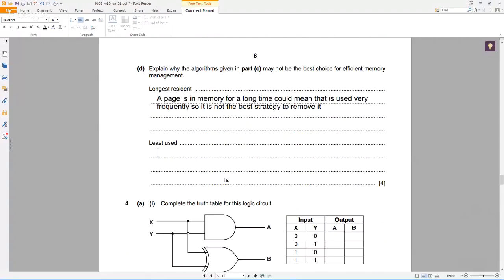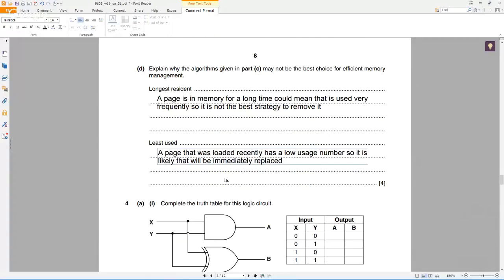Because if a page has been loaded into memory, it probably will be used pretty soon by the code. Probably it's a local variable inside a function, so you don't really want to swap it out. A page that was loaded recently has a low usage number, so it is likely that it will be immediately replaced. And that's actually not a good thing.